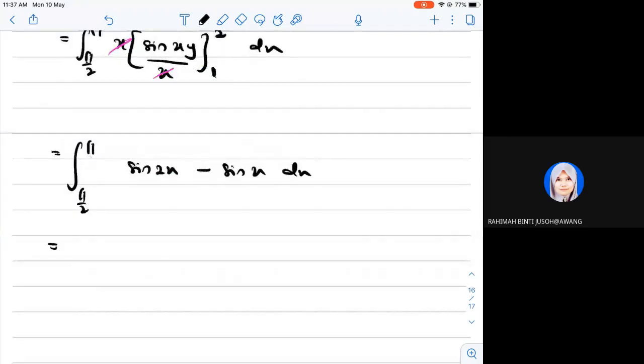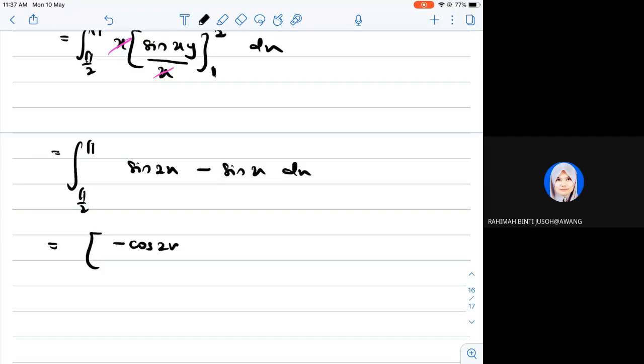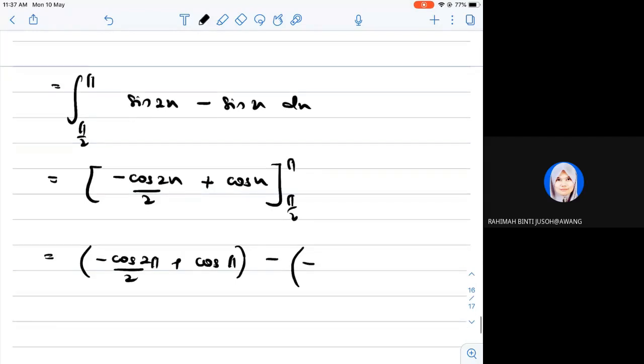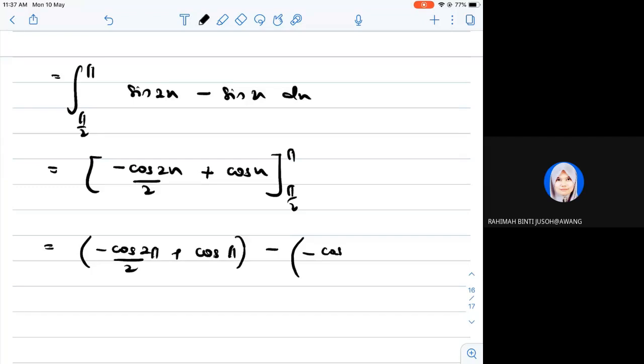Gitu. So lepas tu integrate macam biasa. Integrate sin dapat positif atau negatif cos? Negatif. Yes, very good. Negative cos 2x bahagi 2. Yang ni tolak ni jadi tambah lah kan? Cos x. Okay, so gantikan pi dengan pi per 2. Jadi dapat apa ni? Negative cos 2 pi over 2 plus cos pi minus negatif cos 2 darab pi per 2. Jadi negatif cos pi jugalah. Kan 2 darab pi per 2 jadi pi.